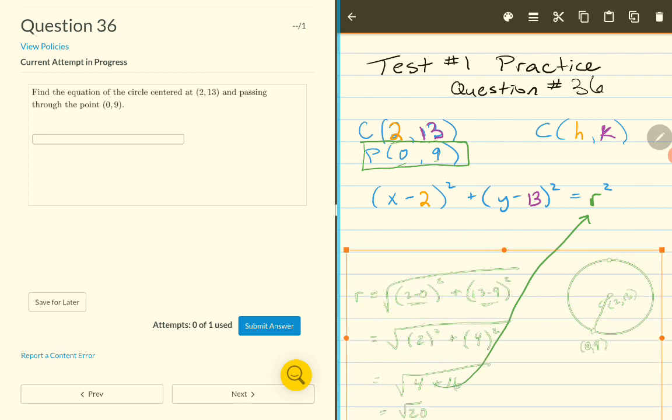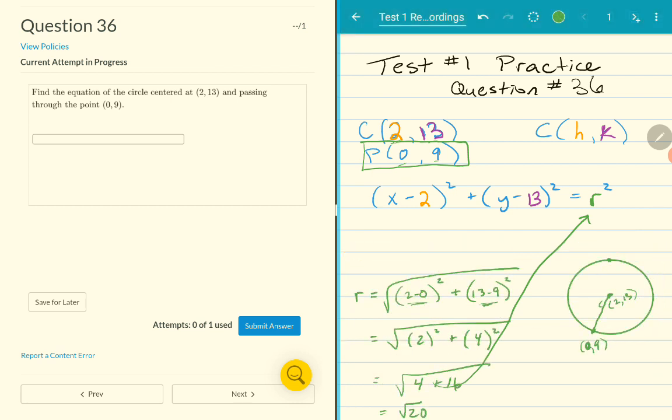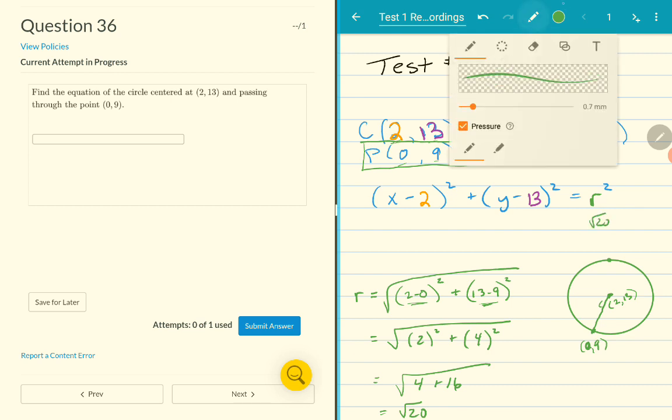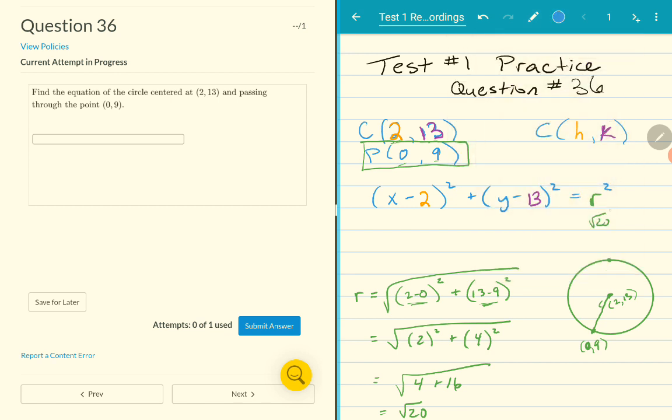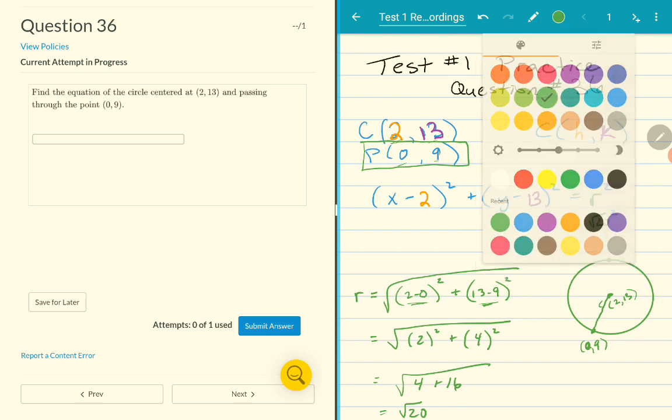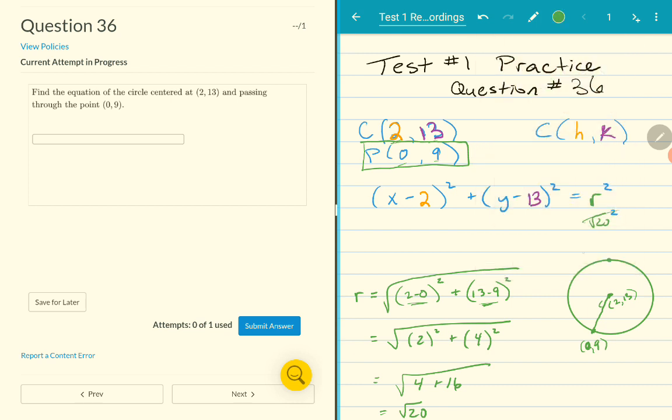So I'm going to move all this down so I can make some space and rewrite this equation. I'm going to replace the r with the square root of 20, and that is still squared, which gives us the square and the square root cancel each other, and I'm left with just 20.